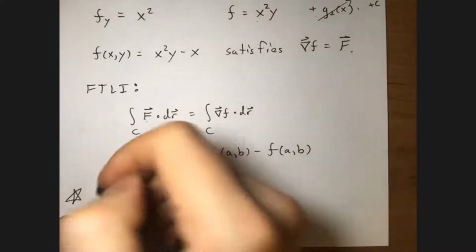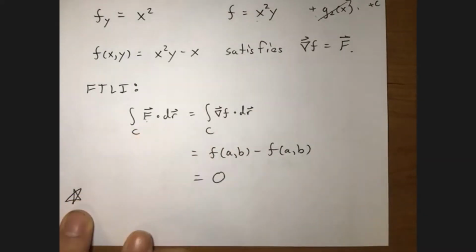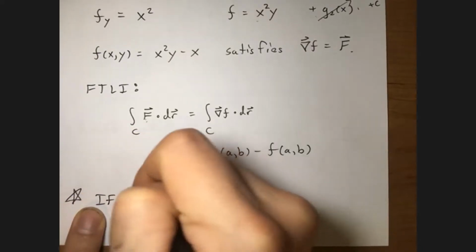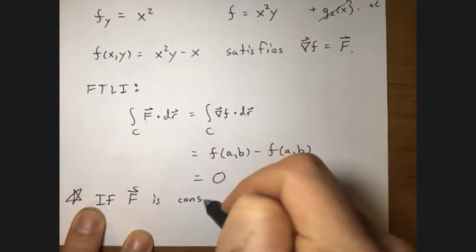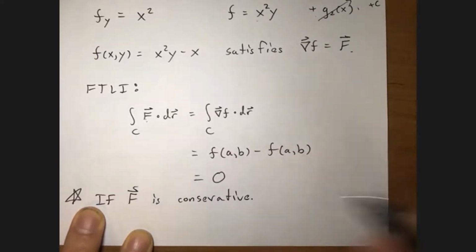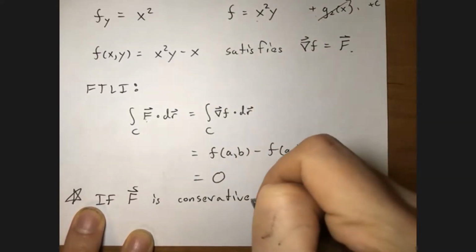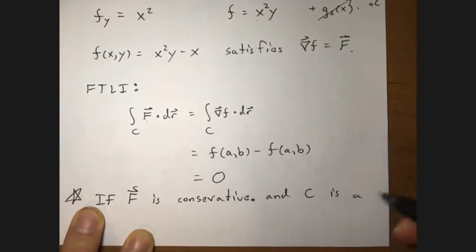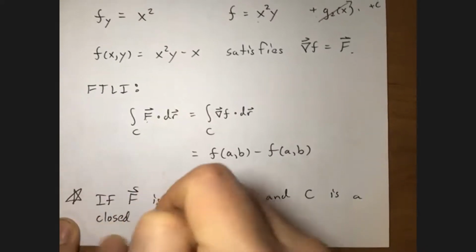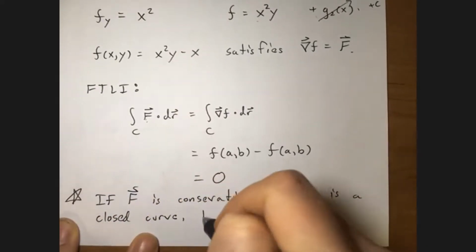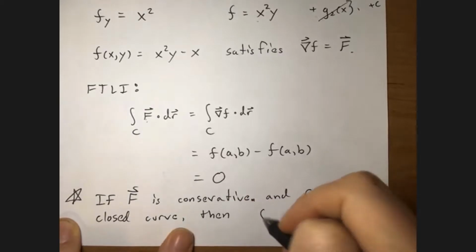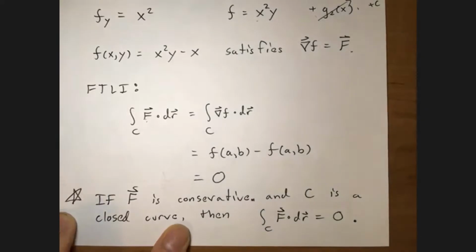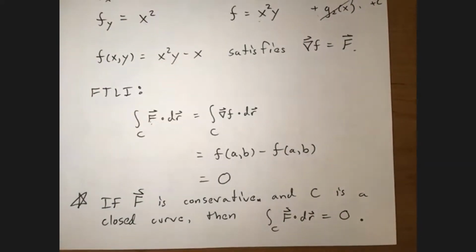So if F is conservative and C is a closed curve, then the integral of F dot dr is guaranteed to be 0. And that follows from this fundamental theorem for line integrals.